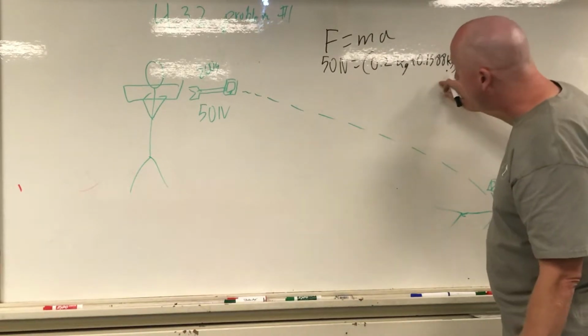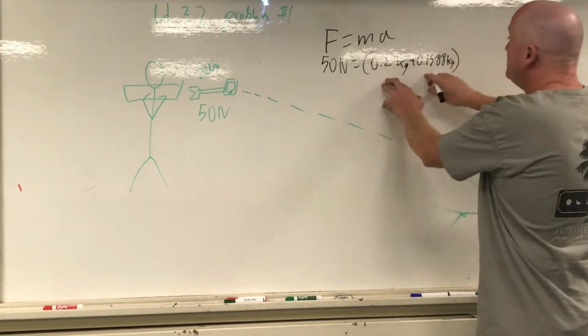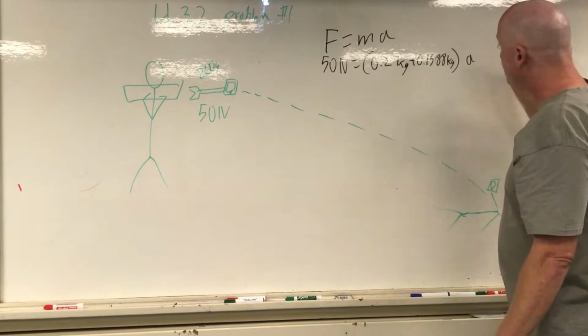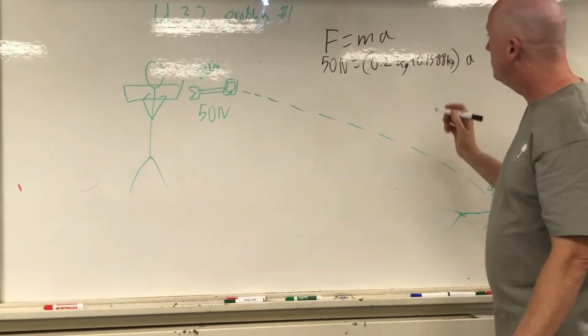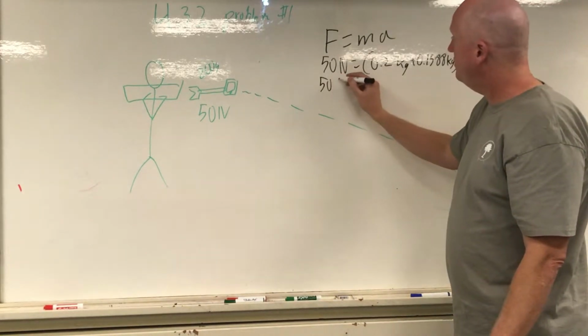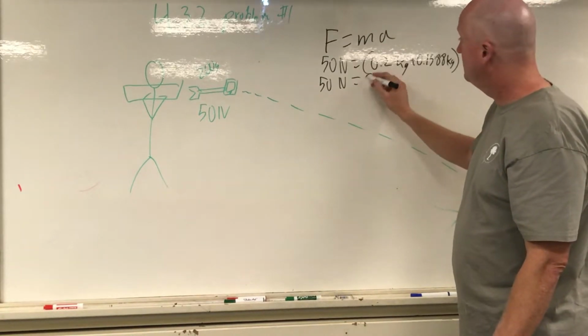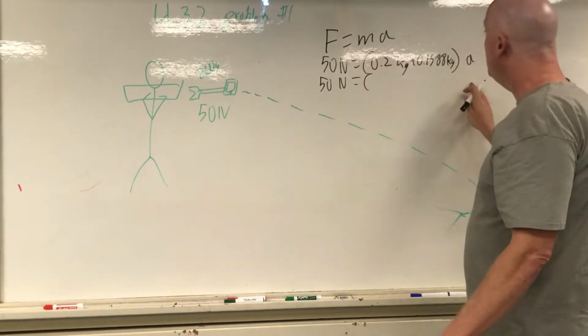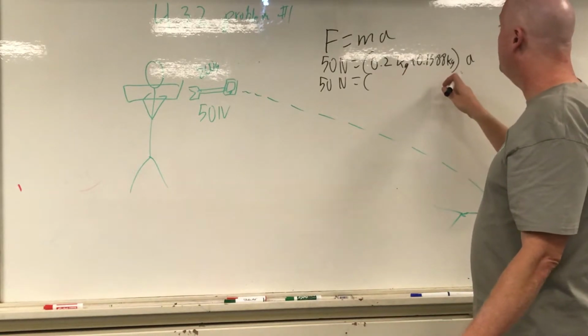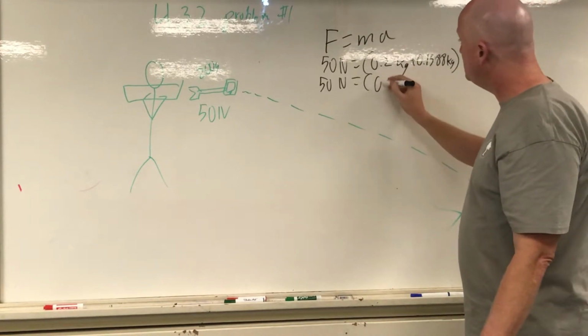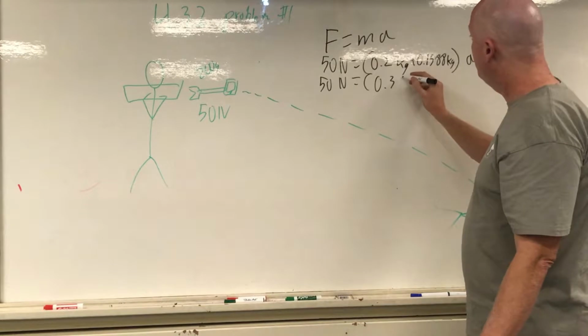So that's your total mass. The mass of the rocket plus the mass of your cell phone. And we're trying to figure out a. So, putting it together. By the way, your cell phone is probably not the same as my cell phone. So 0.2 plus 0.1588 becomes 0.3588 kg.